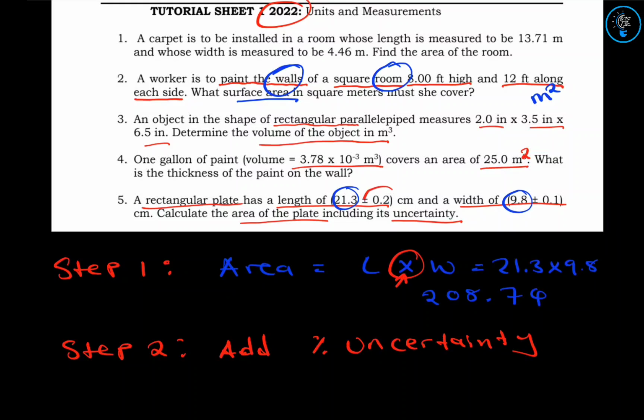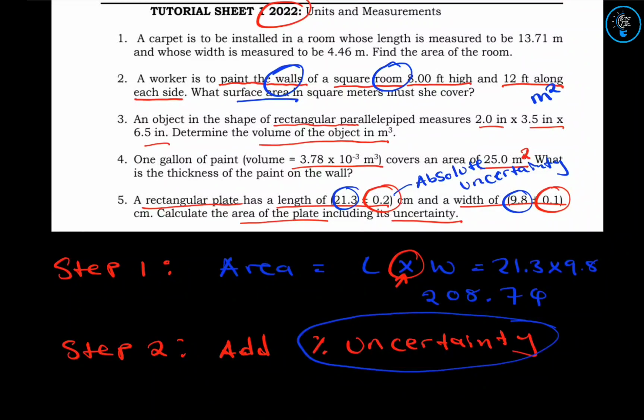The ones we are given, since they are written in decimal numbers, are called absolute uncertainty. Take note of that. But we need to add percentage uncertainty, so we are going to convert the absolute uncertainty into percentage uncertainty.